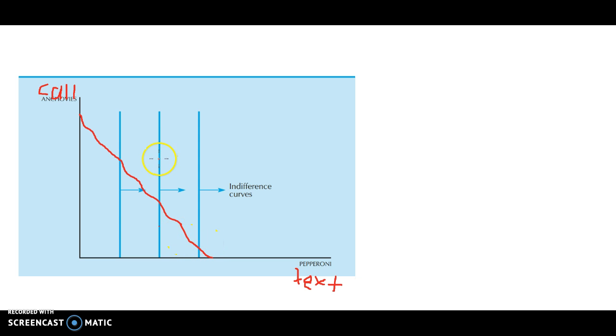Well, because the indifference curves only increase utility as you go in one direction, it basically eliminates the good on the y-axis as important to us. So we don't really care about this one anymore. We're indifferent. We only want more of the good on the x-axis, pepperoni, texting minutes, whatever.